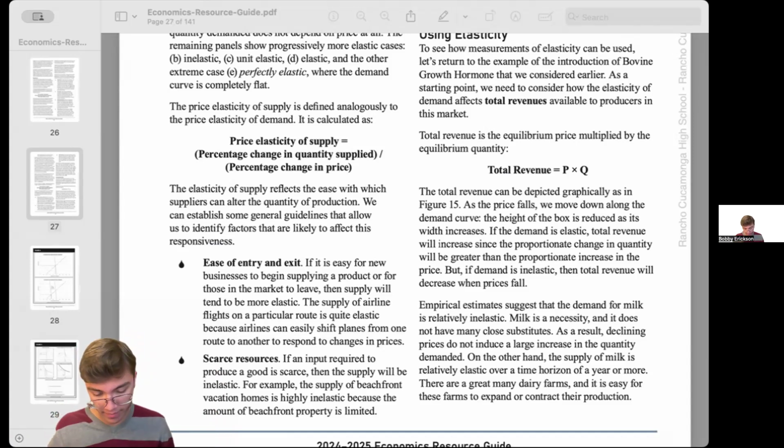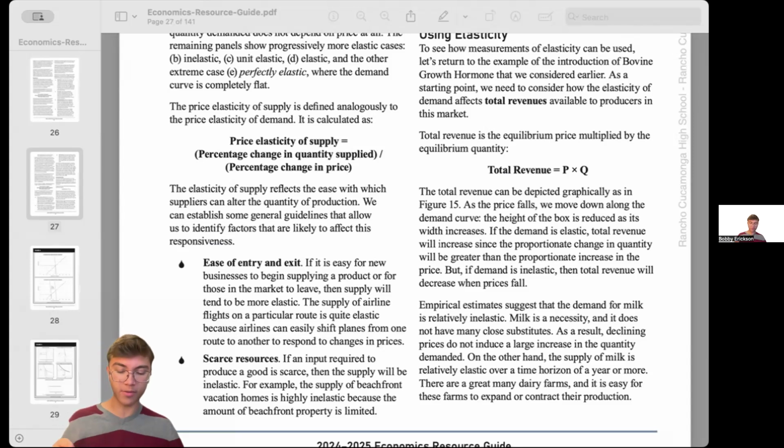For example, the supply of airline flights is quite elastic. For a specific route, the airlines can just shift the planes from one route to another to respond to changes in prices.